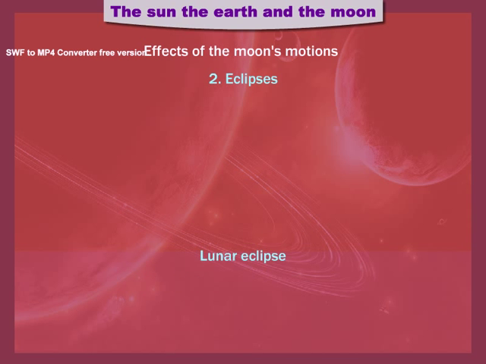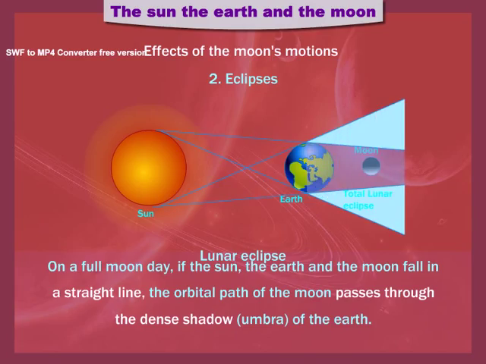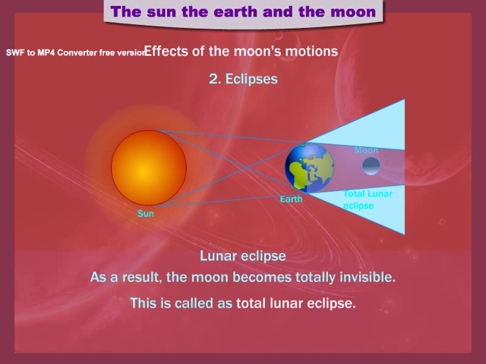Lunar eclipse. On a full moon day, if the sun, the earth and the moon fall in a straight line, the orbital path of the moon passes through the dense shadow, that is umbra, of the earth. As a result, the moon becomes totally invisible.